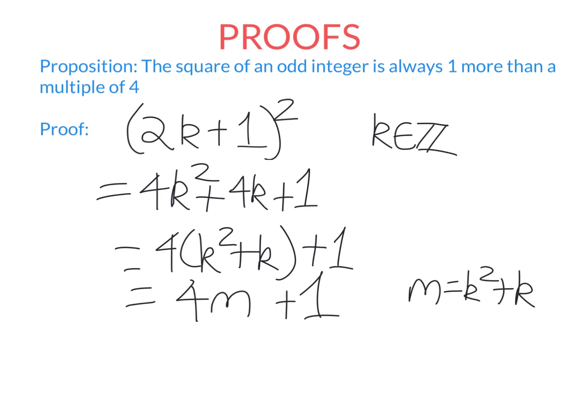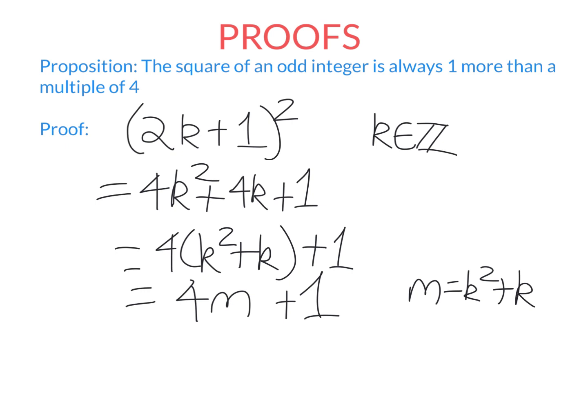This proof actually relied on quite a number of facts that we know about the real numbers. For example, how do I know that 4k squared plus 4k is an integer? Well, that's because integers are closed under addition. We know that if you add two integers, you get another integer.